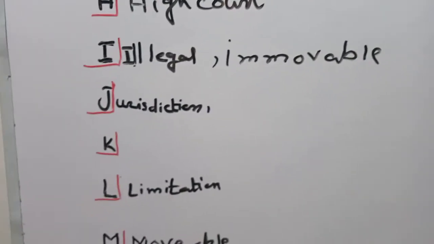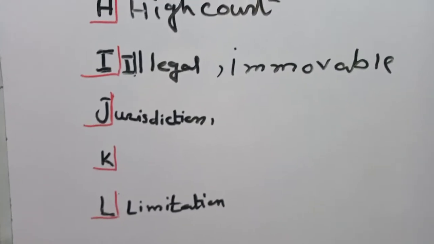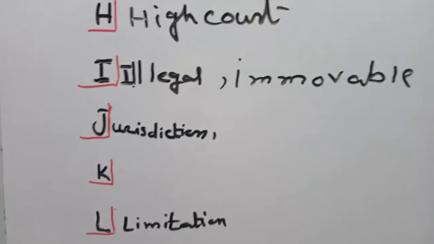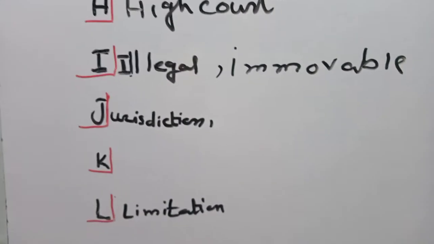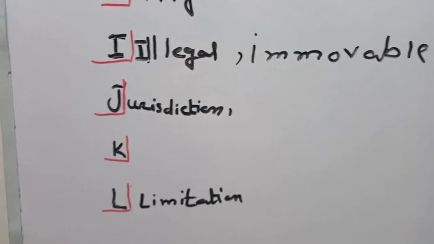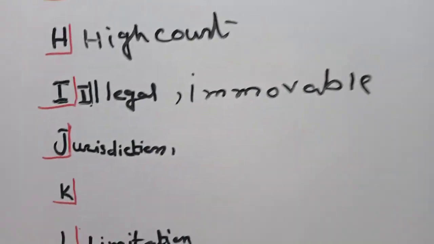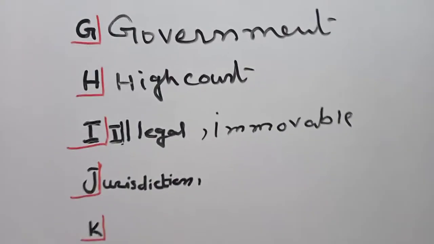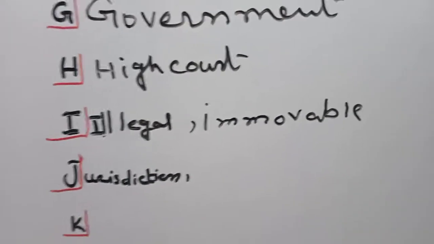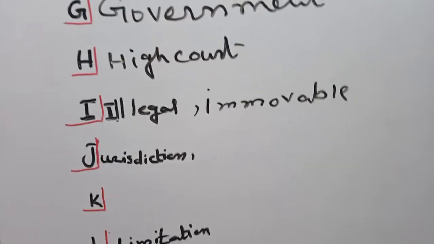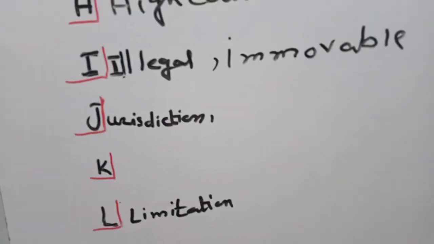Jurisdiction means, you can say, authority or power of the court. Jurisdiction, there are many kinds of jurisdiction: territorial, pecuniary, subject matter in civil, in the Code of Civil Procedure.